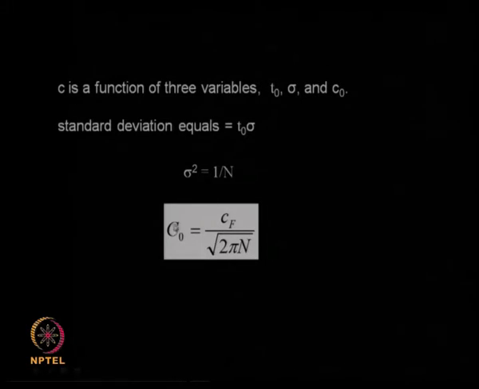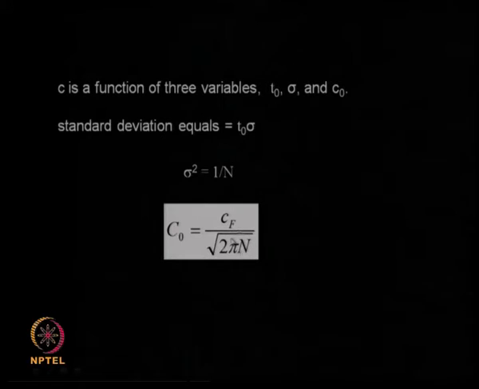Now C naught, that is the maximum concentration, will be a function of the feed concentration and the number of theoretical stages in this fashion. So again if I know Cf, that is the feed concentration, and if I know the number of theoretical stages, I can tell what will be the maximum concentration of that particular peak that is going to elute out. So you see these equations are very useful for doing plenty of calculations.